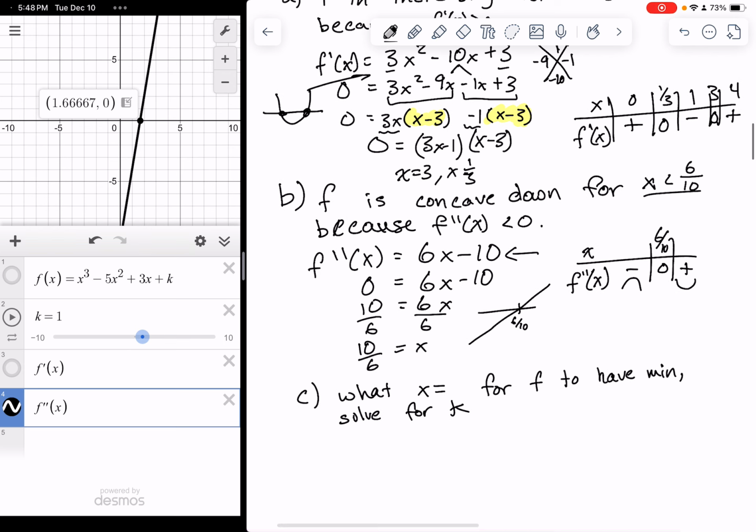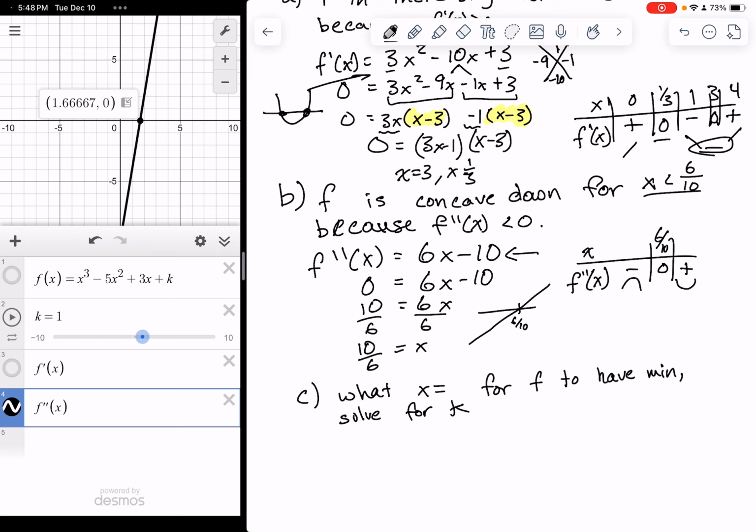First of all, I can go back to my part A and look at my sign chart. I notice that I'm going up and then flat and then down and then flat and then up. So I have a relative min at x equals 3.